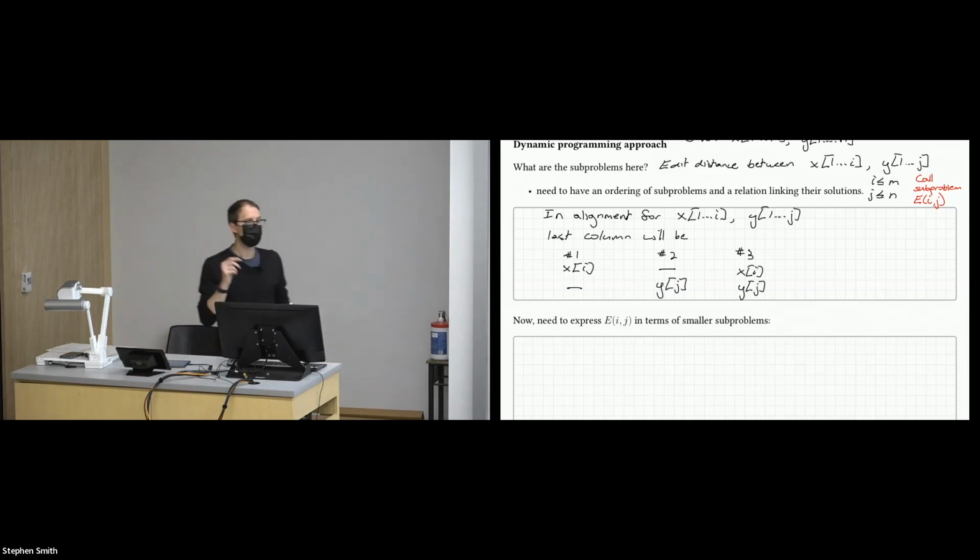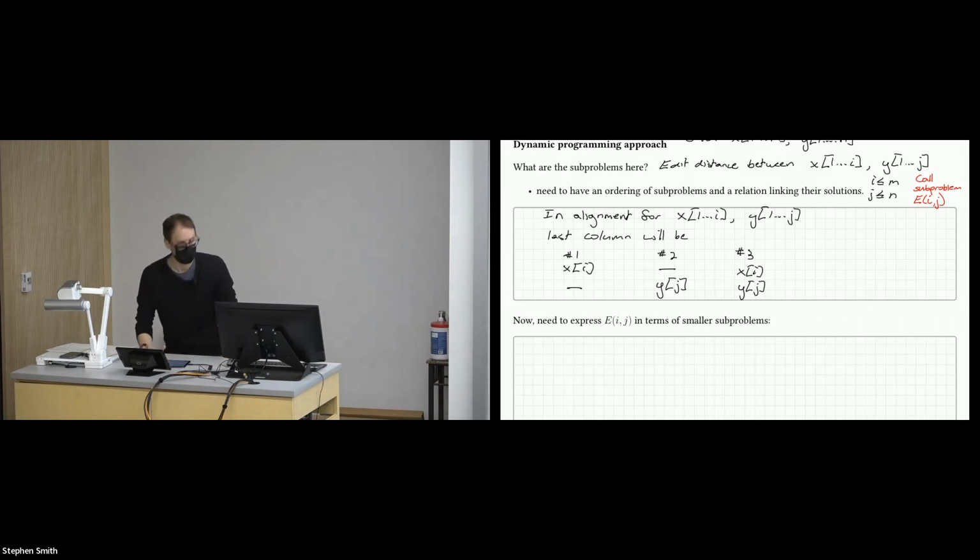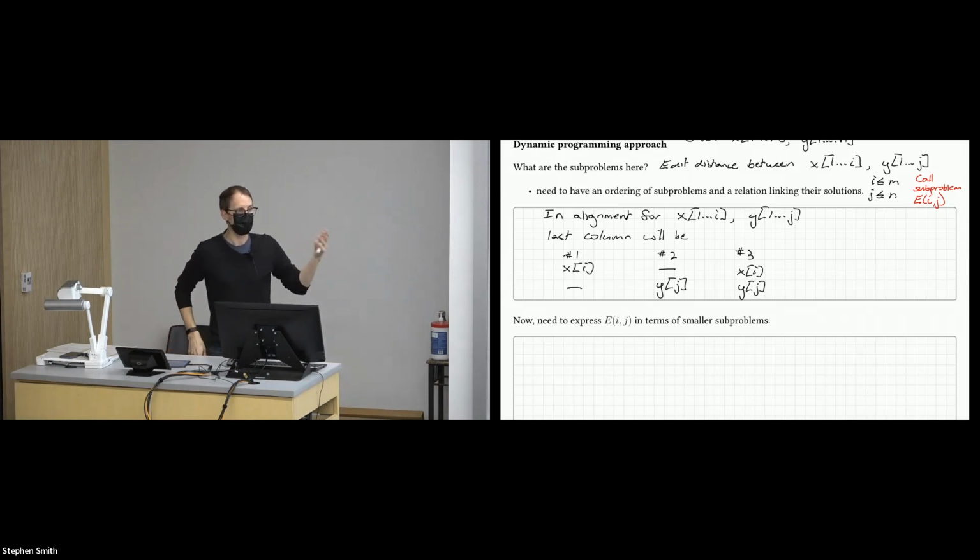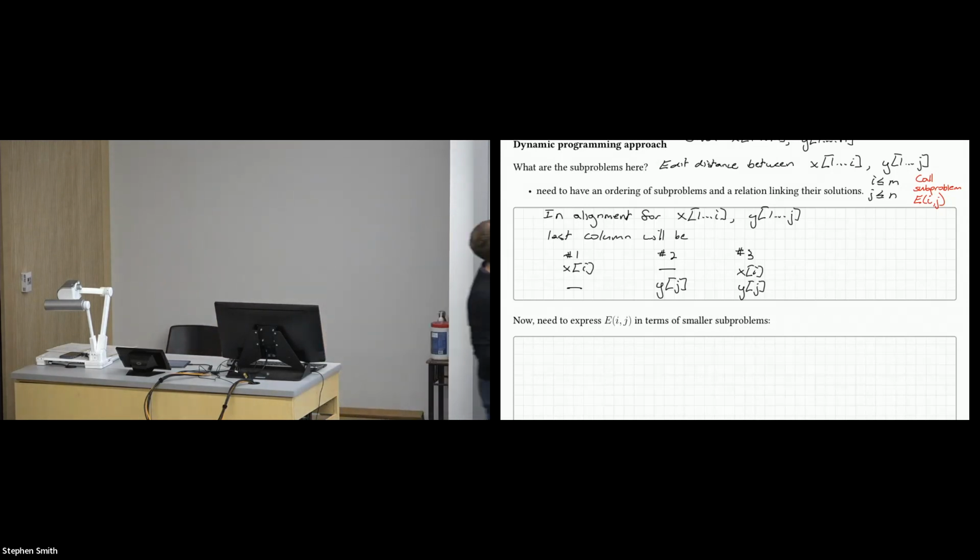In number one, this doesn't match, so I get a cost of 1 plus the remaining problem. What's left over on the left is x from 1 to i minus 1, which I have to align with y from 1 to j.